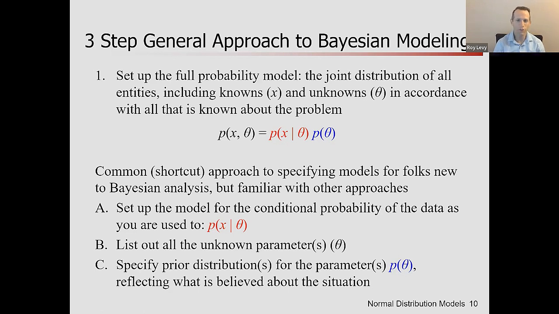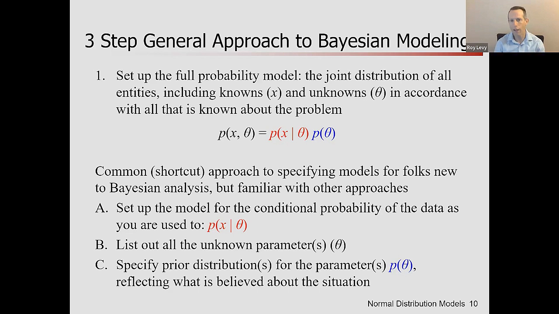A real useful shortcut for those of us who are new to Bayesian methods, but have a lot of familiarity with other modeling techniques, is to do the following kinds of steps. Write out your model the way you're used to writing it out. If that's an equation, if that's a diagram, however you like to think about your model at hand.